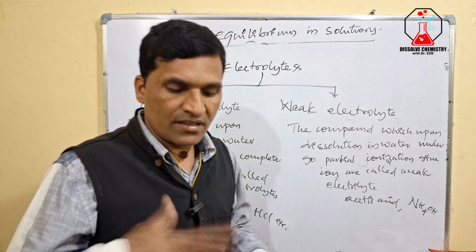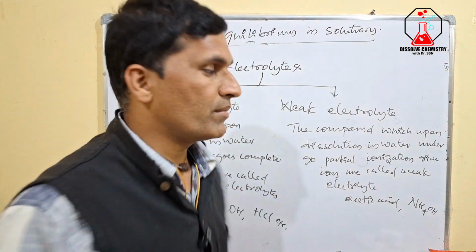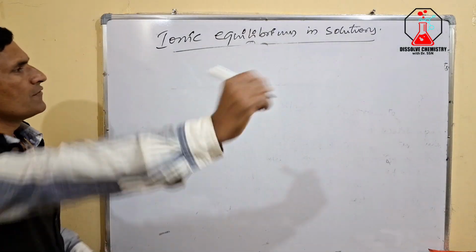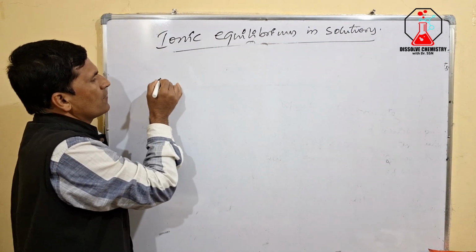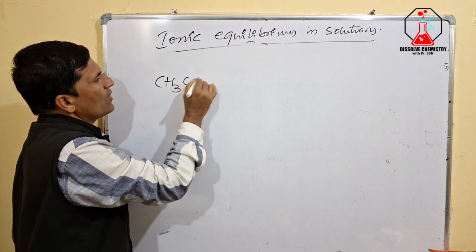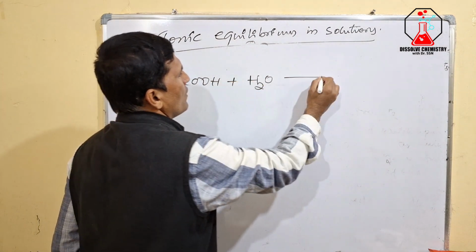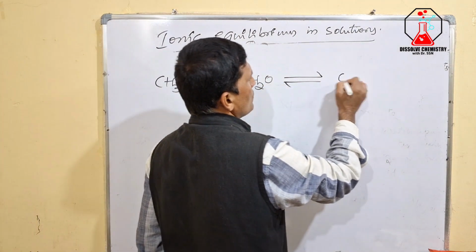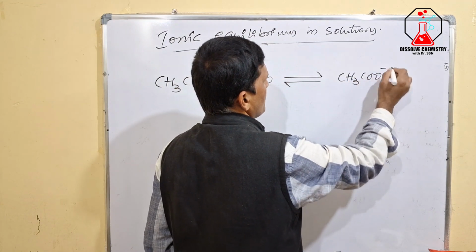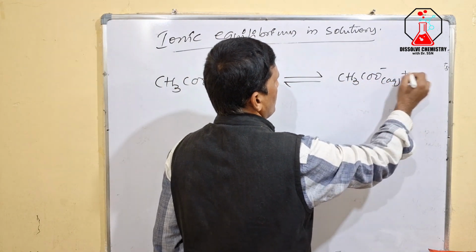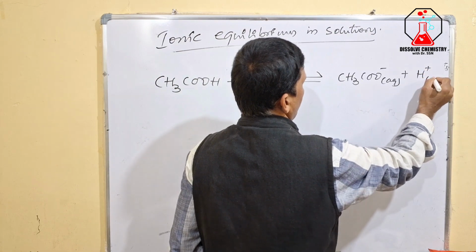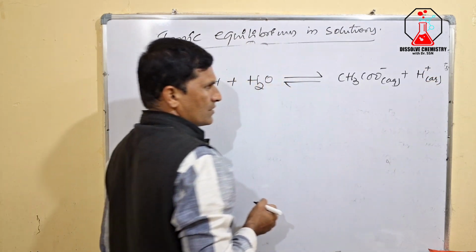And let us define our ionic equilibria from this. We called acetic acid a weak electrolyte. Why? Because upon dissolution in water, it undergoes partial dissociation: CH3COOH aqueous gives CH3COO minus aqueous plus H plus aqueous.